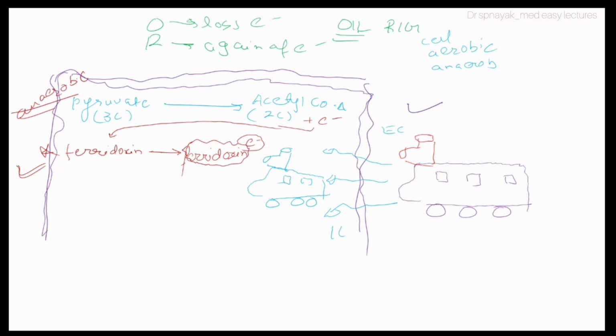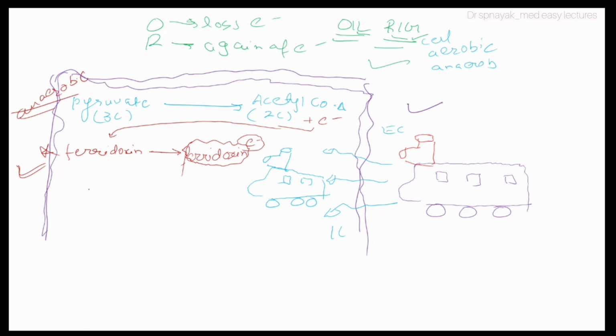So here the pyruvate being converted to acetyl coenzyme A is losing an electron, that is, it is being oxidized, and this electron is transferred to the special electron carrying protein ferredoxin, which is present only in anaerobic bacteria or protozoa. This ferredoxin receives an electron, so it is getting reduced.